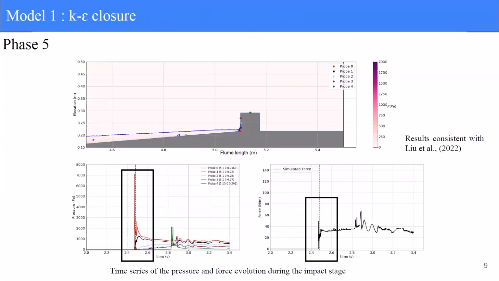What we found is aligned with what was reported in the literature, for example in the study of Liu et al. of 2022. When this swash flow is advancing and hitting the bottom of the obstacle, these four pressure probes, colored red, black, light blue, and purple, show the pressure evolution. In the case of impact, the impact is firstly very impulsive at the bottom.